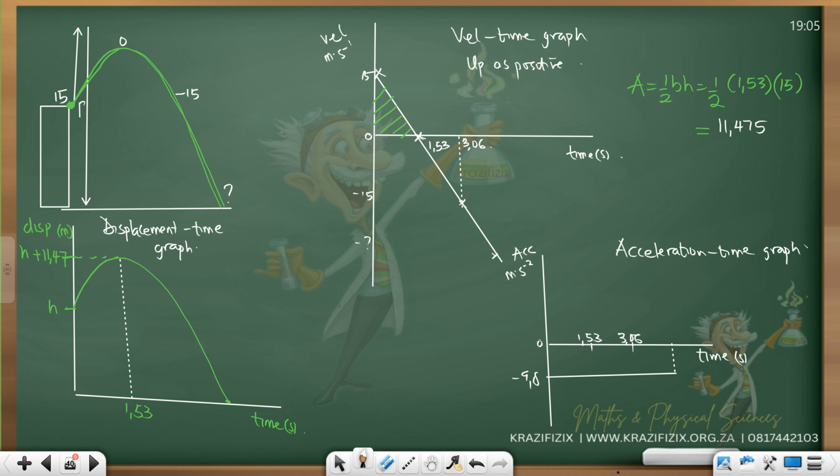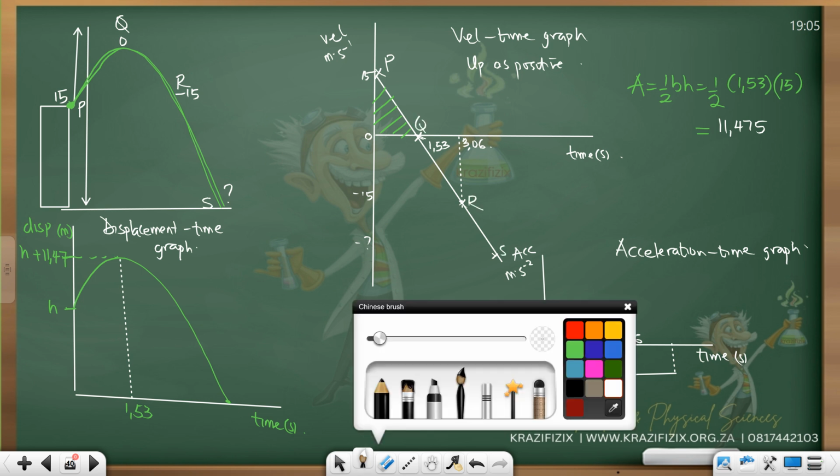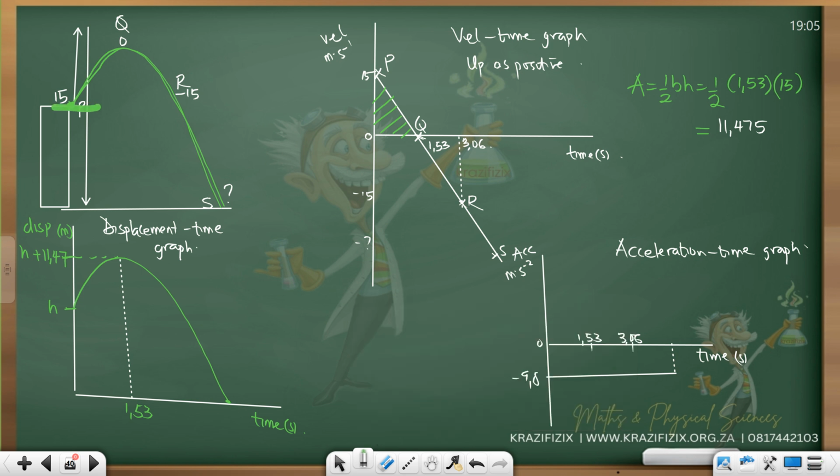If I call this point P, point Q, point R, and S, let me label that point. Do you notice that PQ is the maximum height? Whatever distance I get there represents maximum height.